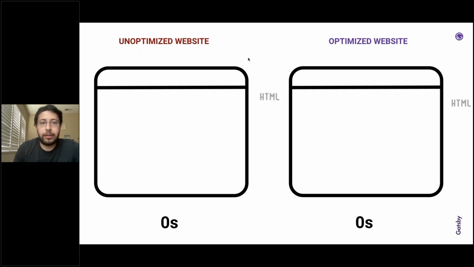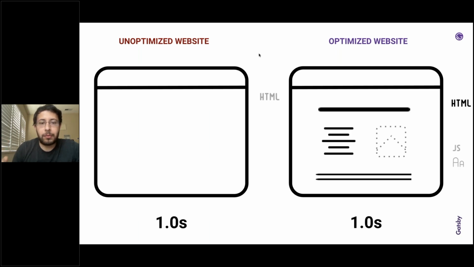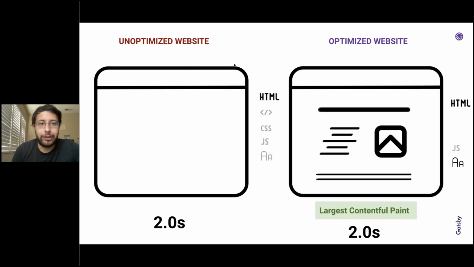So we can see, the optimized website through the first second, we've already got the HTML coming in where the unoptimized website HTML is still loading, right? And there's a number of reasons why that could be, but the easiest way to optimize it, if you're not already doing this, is using a CDN to get closer to your users.